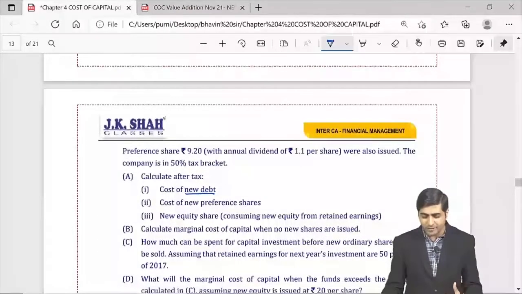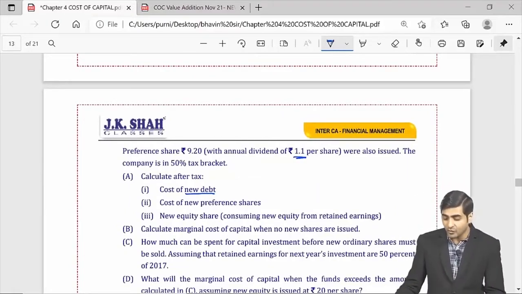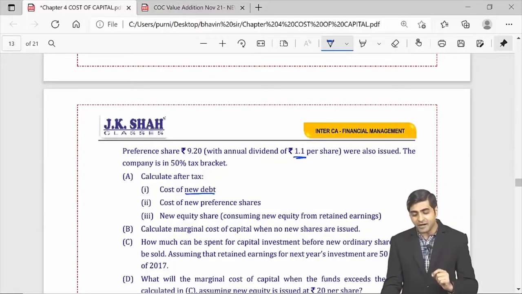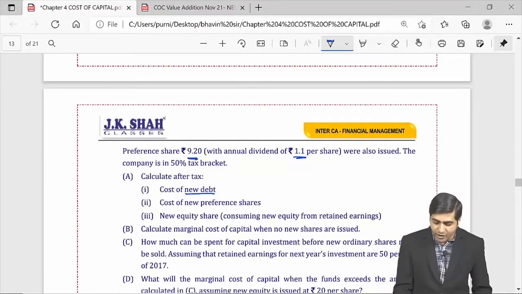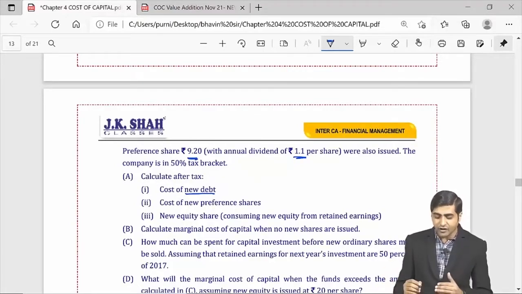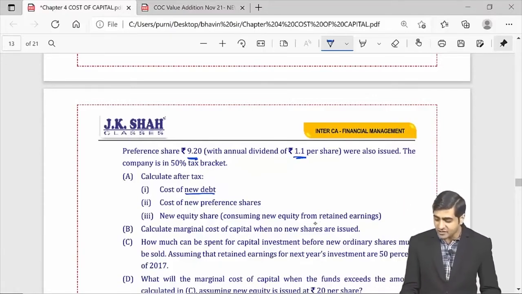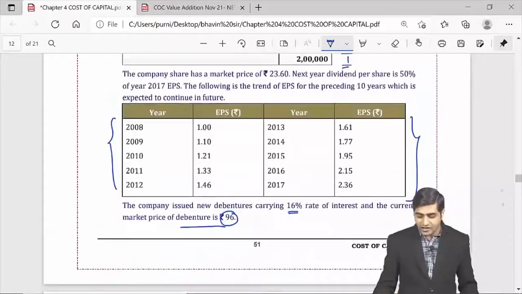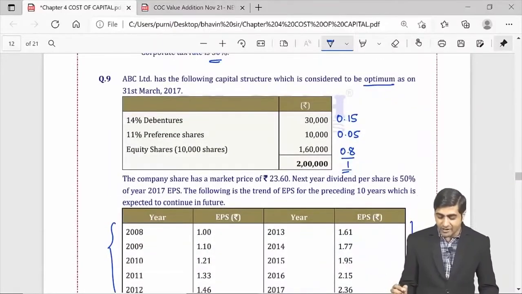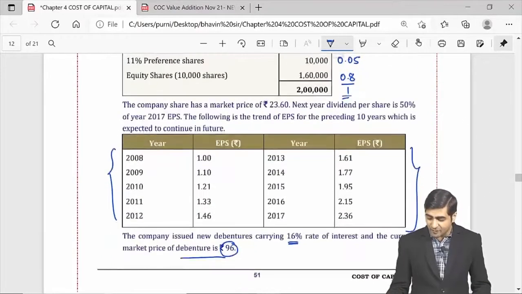For calculation of KP, the same concept is applicable. Your annual dividend here will be 1.1, which you will divide by the market price, which is nothing but 9.2, into 100. That will give you your KP. And guys, for calculation of your KE here, we are going to take into consideration retained earnings. So the calculation will be done by taking your next year's dividend, and that next year's dividend will be 50% of your EPS.